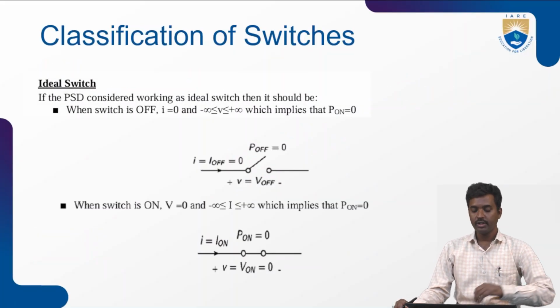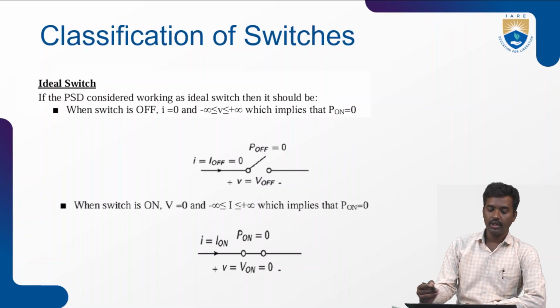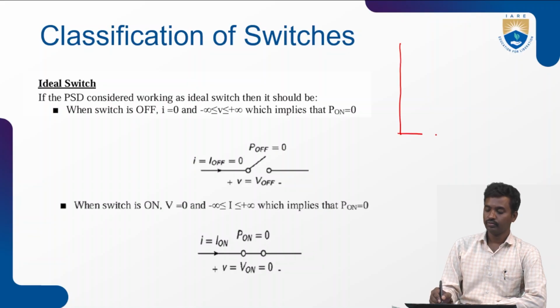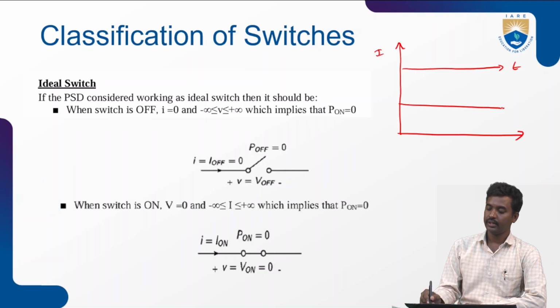In an ideal switch, we look at the switch on condition and the switch off condition, with voltage and current. So this is the diagram. This is the time axis for voltage and current, and next this is the time axis for power.